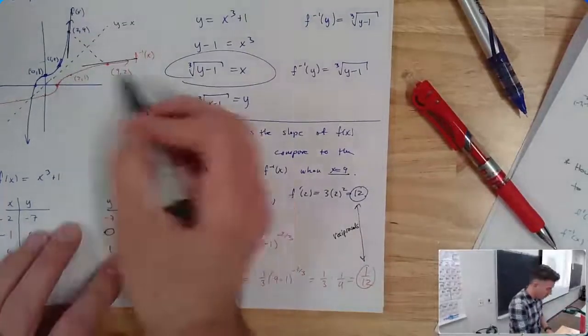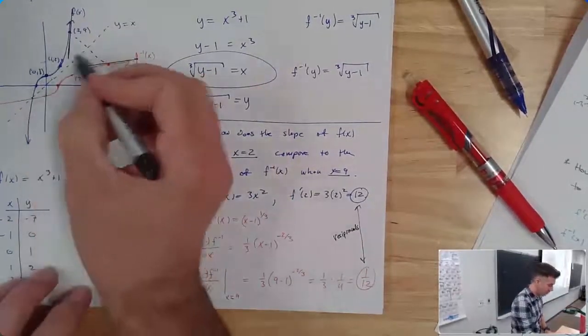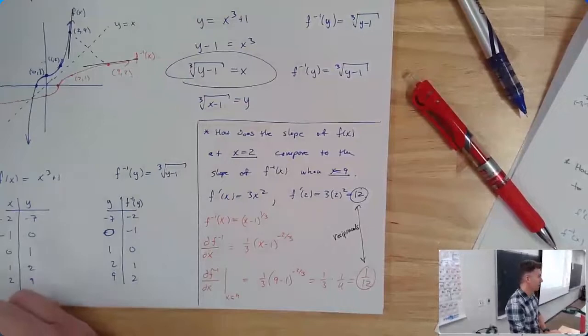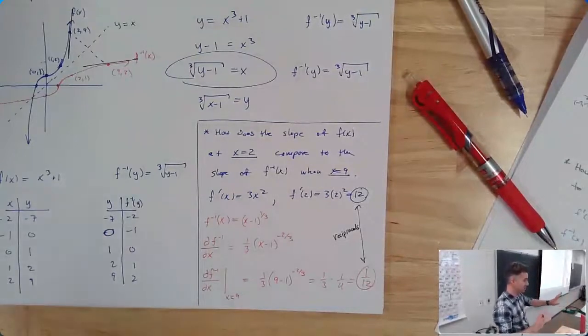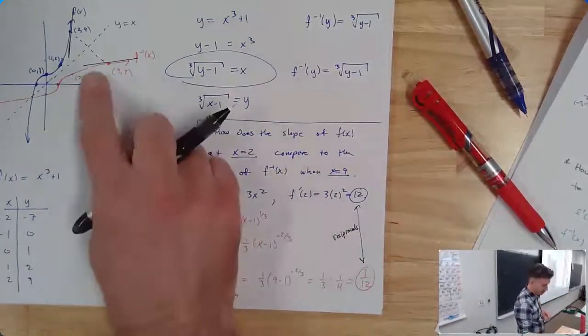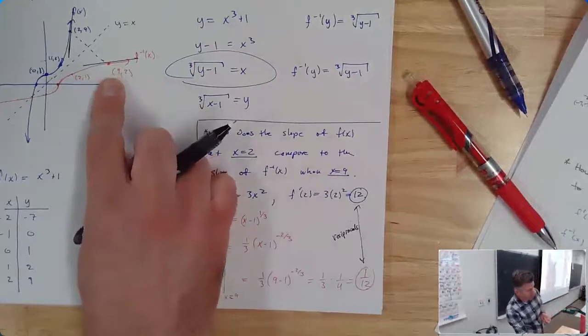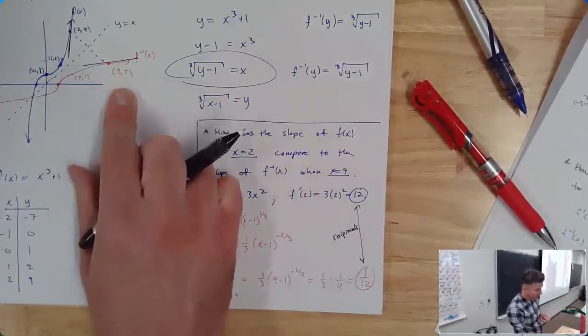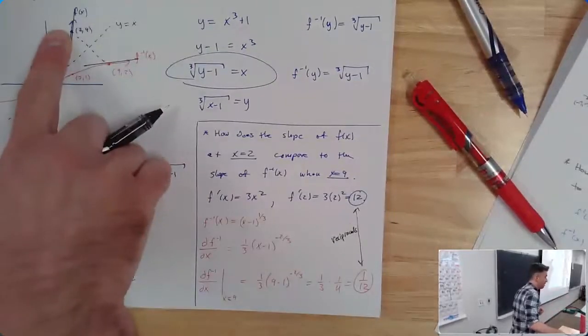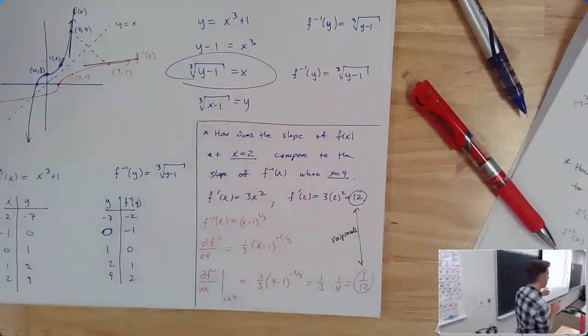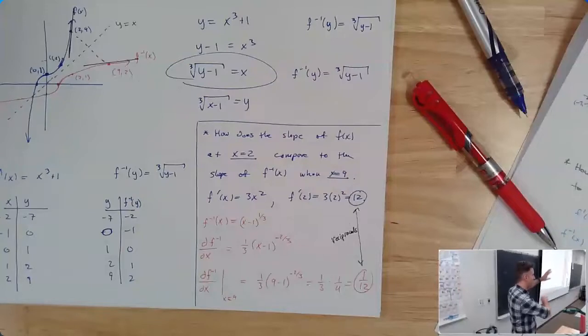So this one's going over 12, up 1, instead of over 1, up 12. And that is the nature of this relationship between these two functions. To find the derivative of the inverse at some point, you find the reciprocal of the derivative of the original function at the corresponding point. That's why you have to do this whole weird thing where you switch the input to being the output of the other thing. It feels very backwards a lot of the time.